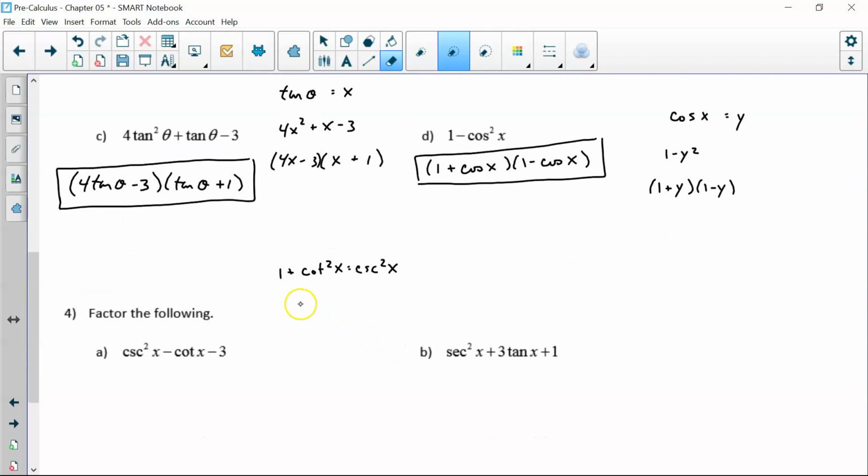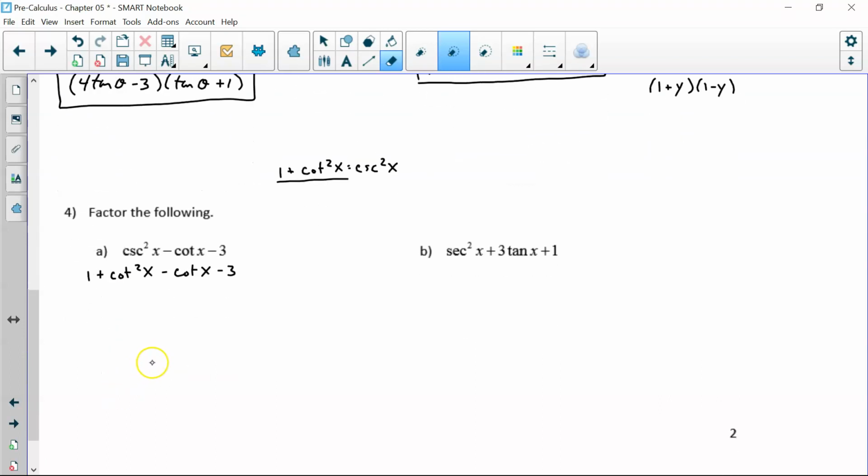So instead of writing cosecant squared, I can put 1 plus cotangent squared x. So 1 plus cotangent squared x minus the cotangent of x minus 3. We wanted to replace the cosecant squared because we could rewrite that. We couldn't do anything with the cotangent. So now when we combine our like terms, cotangent squared of x minus the cotangent of x minus 2.